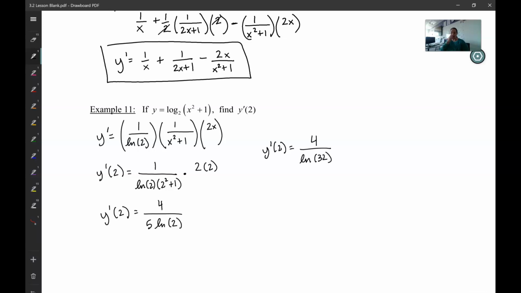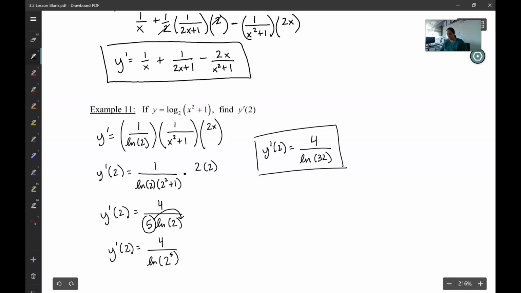And here's how they did that. They did that log rule backwards, put that 5 up in the exponent, so I get ln of 2 to the 5th, and then 2 to the 5th is 32. So there you go.